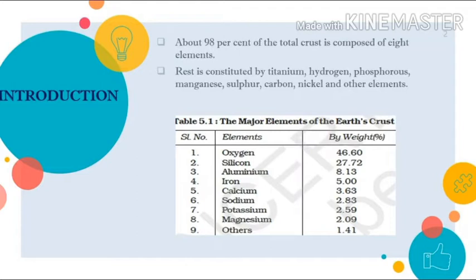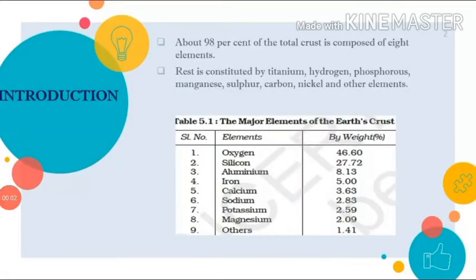From such observations, we know now that the earth consists of three concentric layers: the crust, the mantle, the core. The crust is the uppermost layer of the earth and is called the lithosphere. The mantle is the intermediate layer between the crust and the core. The core is the innermost layer of the earth.